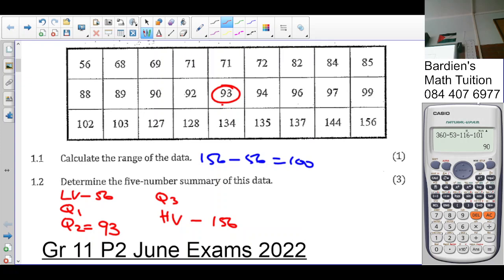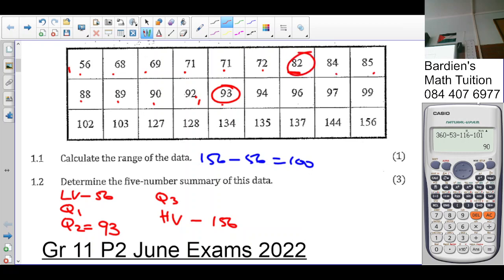Okay, so this is your quartile 2. Your quartile 1 is the median of the lowest set of data. So it's 1, 2, 3, 4, 5, 6, 7, 8, 9, 10, 11, 12, 13 numbers we're going to consider. 13 divided by 2 is 6.5, so it's the 7th number. 1, 2, 3, 4, 5, 6.